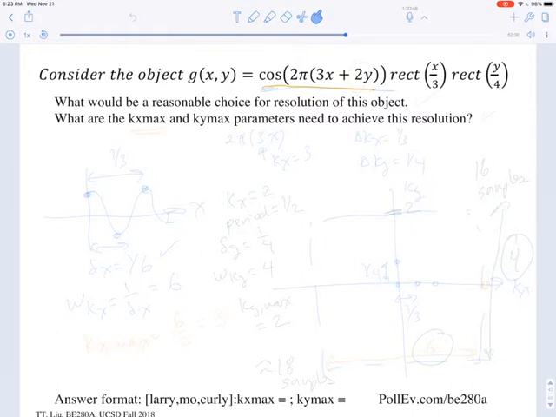That's the first question you have to answer. Then the MRI person's job is to take your resolution requirements and figure out the width in k-space. In this case, you're playing both roles. First, what would be a good resolution for this object? And secondly, given that resolution, what should I do in k-space? That's your job.